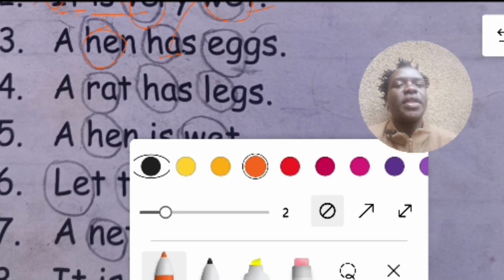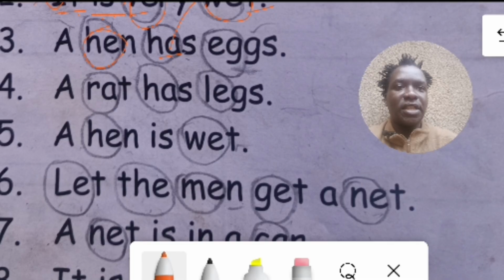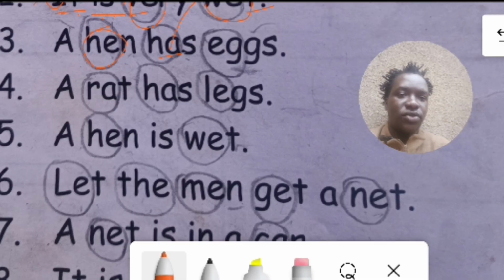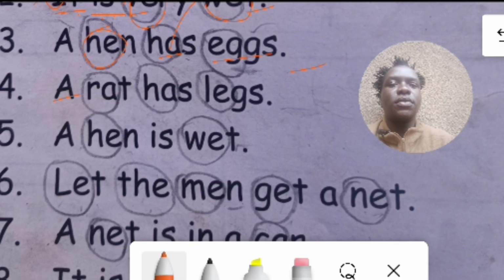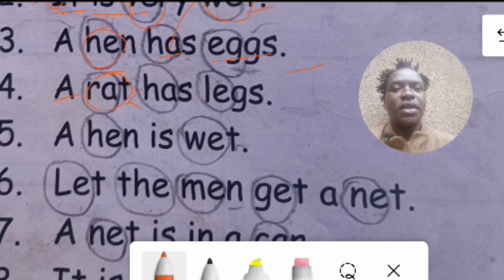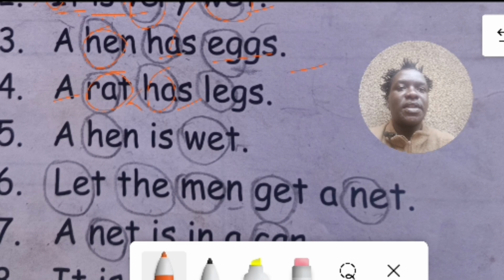Okay, with eggs. Eggs, when there are many, plural, it is eggs, but if it's one, you say an egg. But here we have eggs. And then a rat, this is a ra, a is ra, with t, rat. Ha, ha is ha, if you add the s is has.